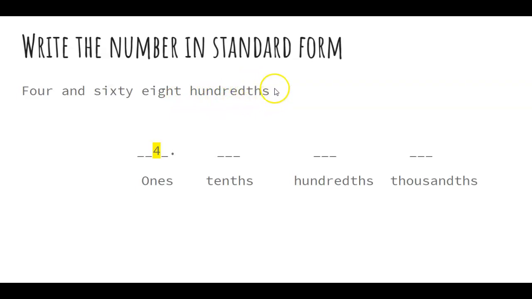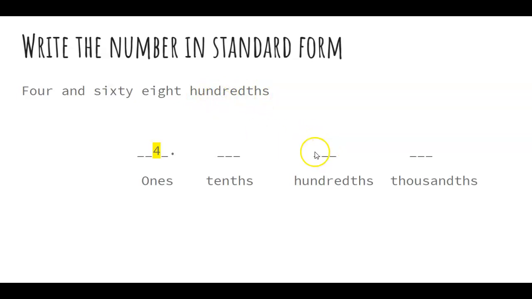THS. Okay? Notice THS, THS, THS. Okay? If you see THS, that means it's a decimal. Okay? If I didn't have the THS and I just had the word 100, that would be in the whole numbers over here. Okay? So I know it's 68 and I know that the 8 has to be in the hundredths spot.